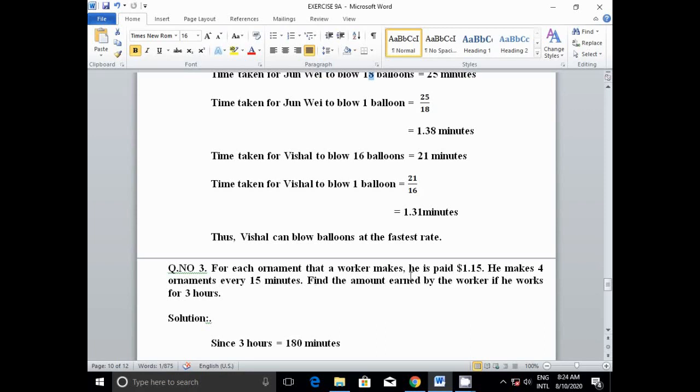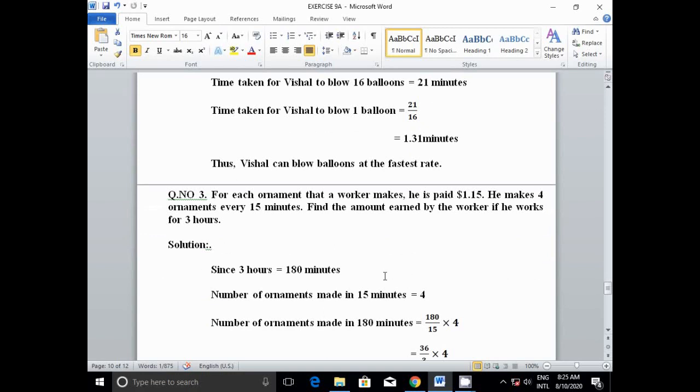Now, since we know that 3 hours means 180 minutes, and the number of ornaments made in 15 minutes is 4, which is given in the question, let's find the number of ornaments made in 3 hours. Now 3 hours means 180 minutes.